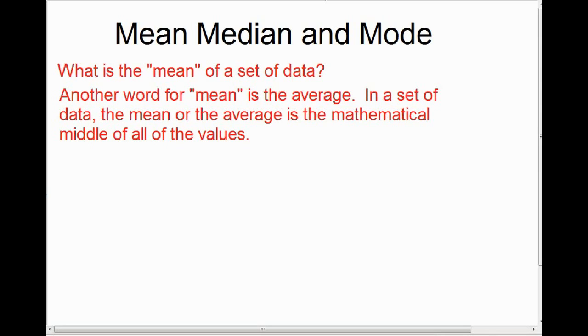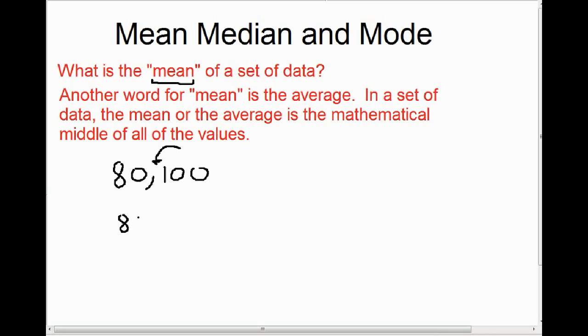So, for example, let's say we have two numbers, 80 and 100. When we're talking about the mean or the average of those two numbers, we're talking about what's in the middle of those two numbers. And what is in the middle of those two numbers, right in the center, mathematically is 90. Because between 80 and 100, there's 20 values.